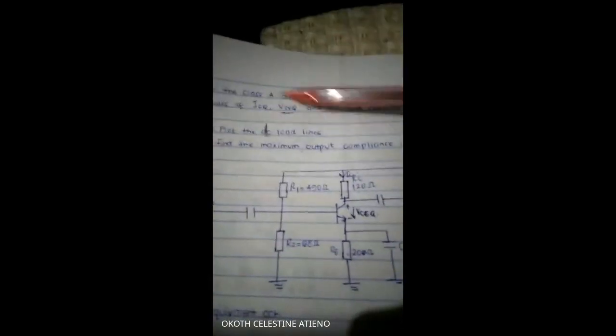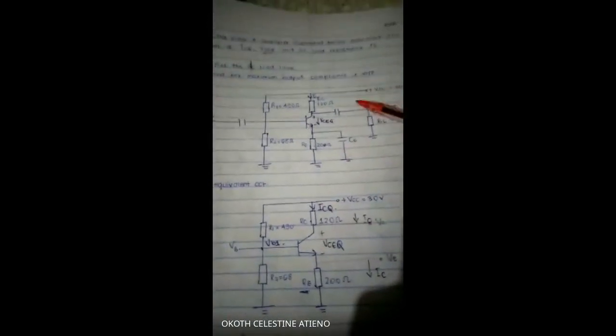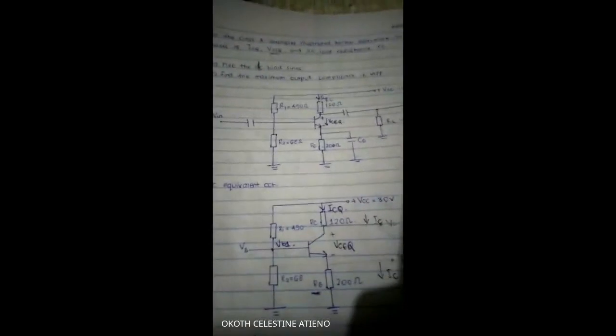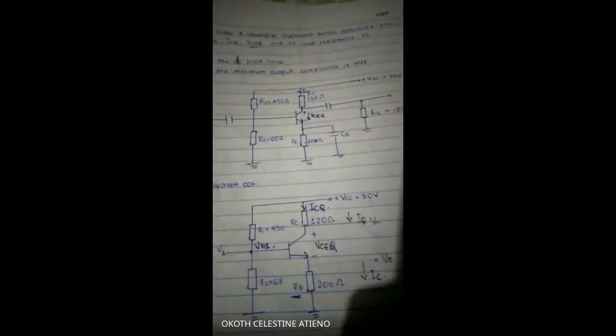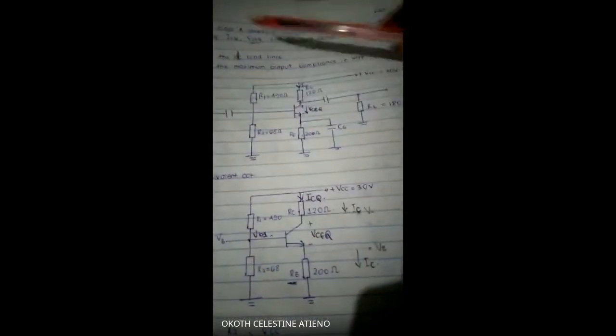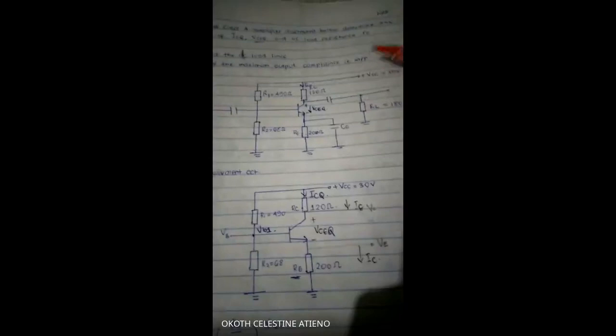If this is DC analysis, remember to always find the DC equivalent circuit for the circuit you've been given. For the DC equivalent circuit, capacitors act as open circuits. So if this is an open circuit, that disappears, and this disappears.